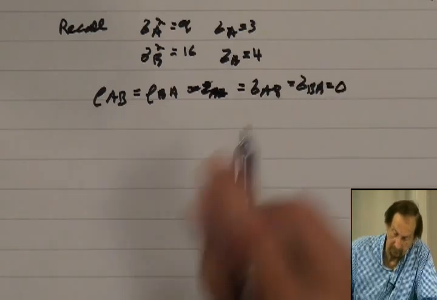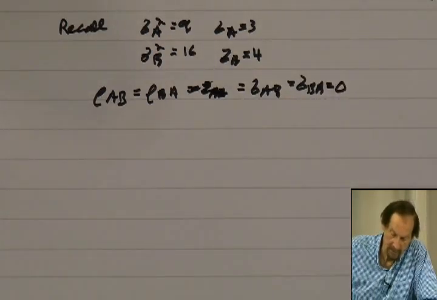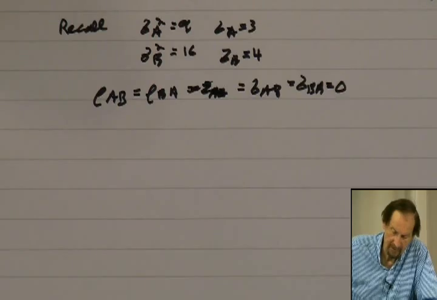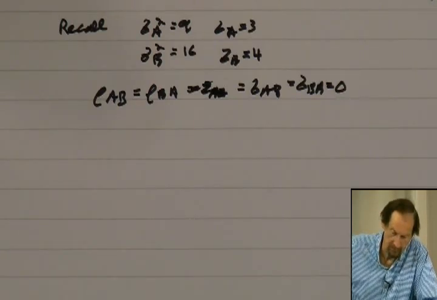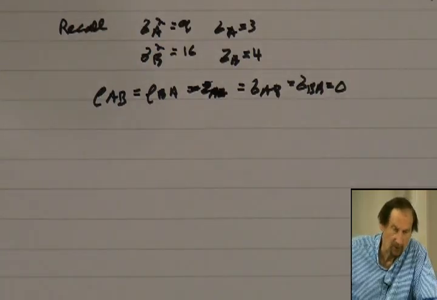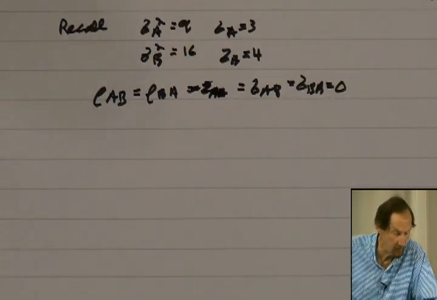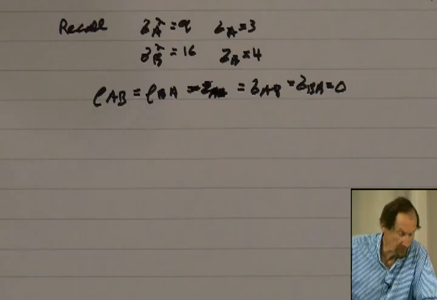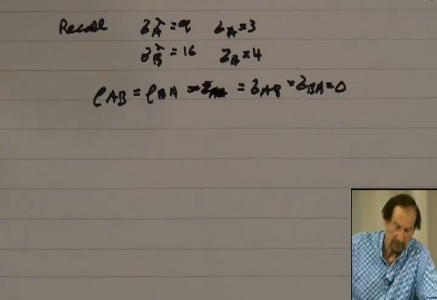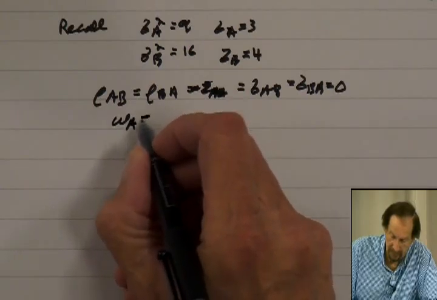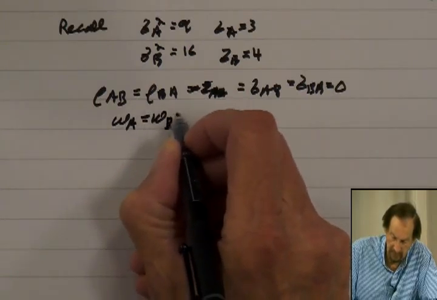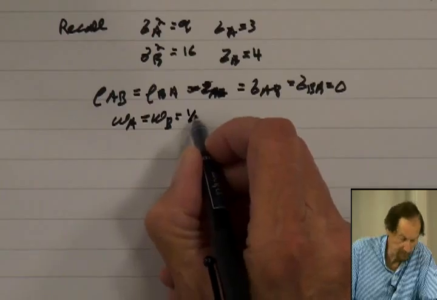Typically, rho AB is not equal to the covariance sigma AB, because covariance could be any number. Remember that the correlation coefficient has to be between -1 and 1. And we have WA equals WB equals 1/2. Okay.